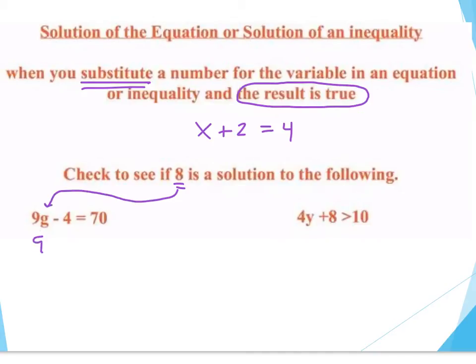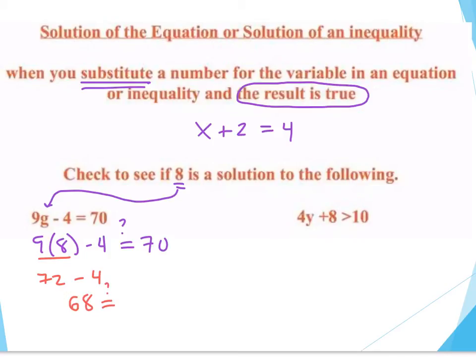So here, 9 times 8 minus 4, does that equal 70? I'm going to put a little question mark above the equal sign. Okay, does it equal 70? So now this goes back to a little order of operations. What do I do first? Well, I have 9 times 8 minus 4. We'll do 9 times 8 first. That is going to be 72. Then I'm going to subtract off 4. So 72 minus 4 gives me 68.